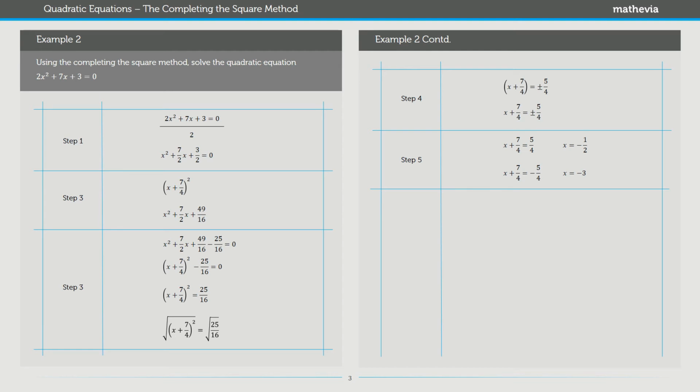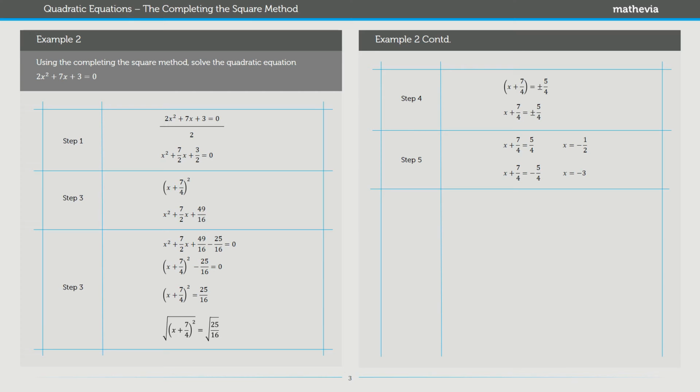Okay, and when we work this out, we have x squared plus 7 over 2x plus 49 over 16. This is our perfect square expression. Now the next thing we want to do is relate this perfect square expression to what we actually have.